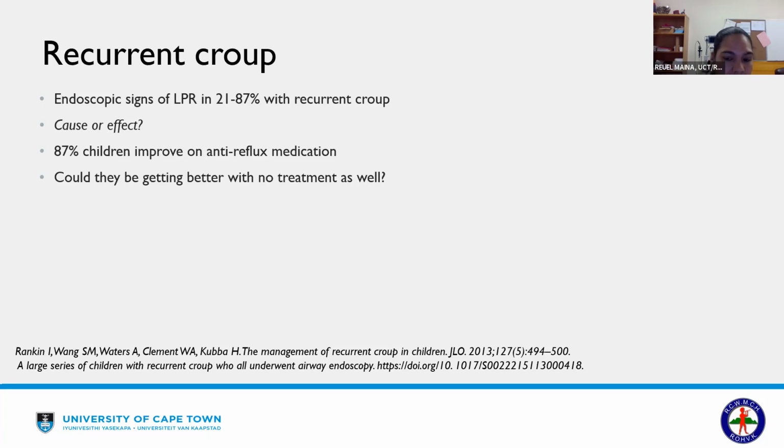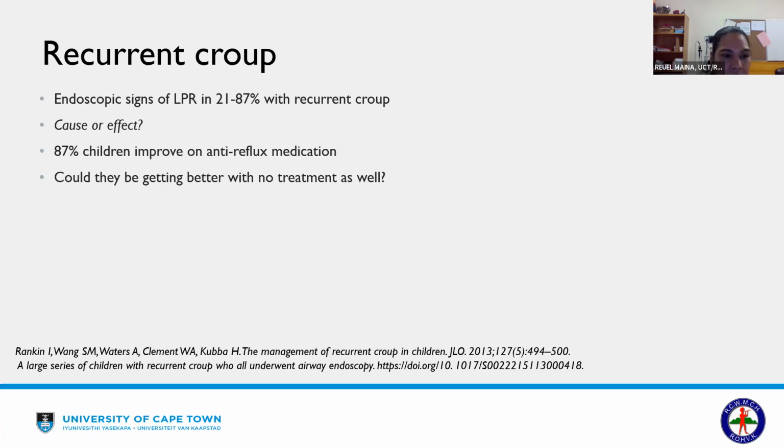So there was a confounding factor. Even though these patients had recurrent croup and LPR, there were other potential factors that could explain the recurrent croup. And only 26% of these patients had positive microlaryngoscopy findings suggestive of reflux.